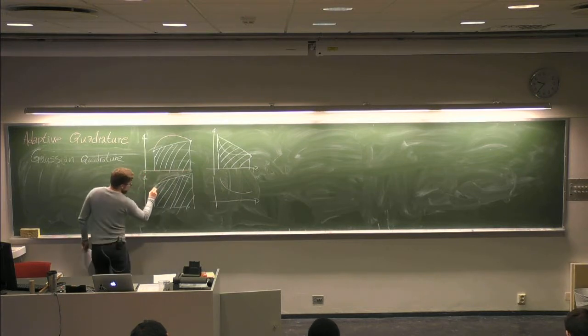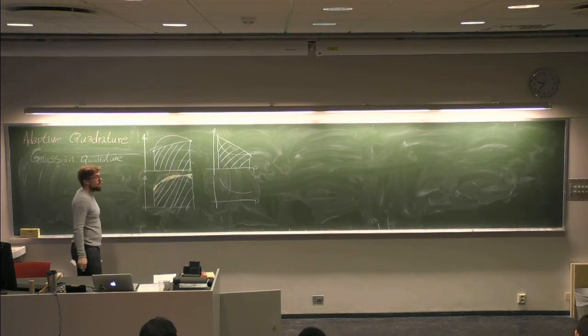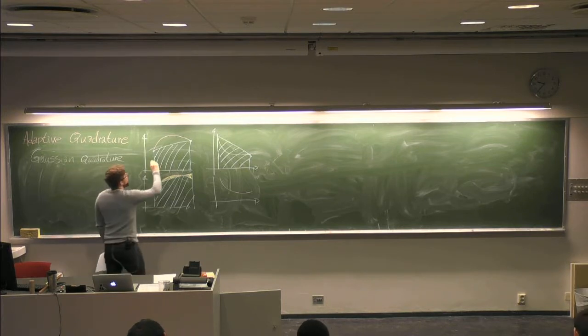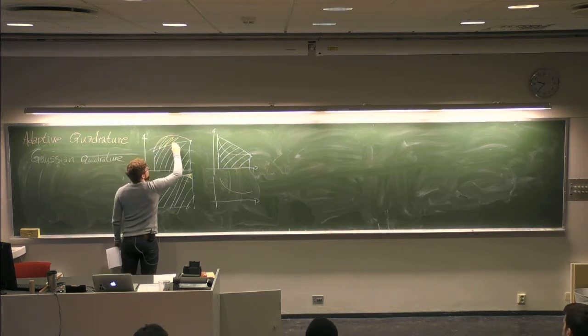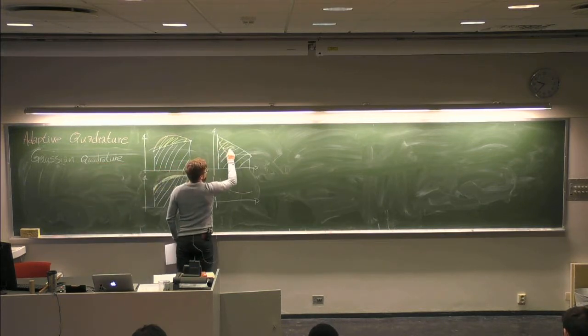So you see you have a small piece here which you want to kind of substitute for this. Whereas here everything here is just wrong. Also here, everything here is wrong.